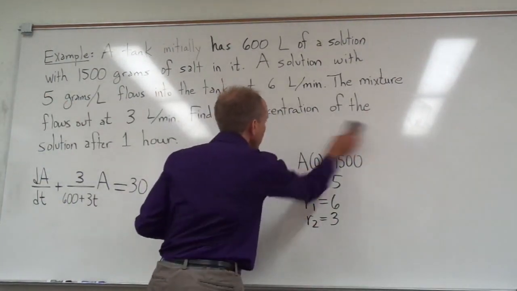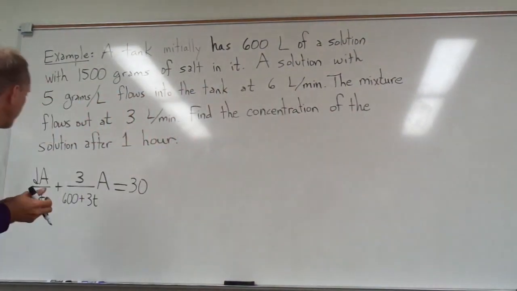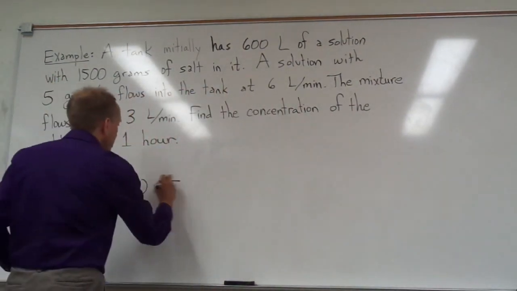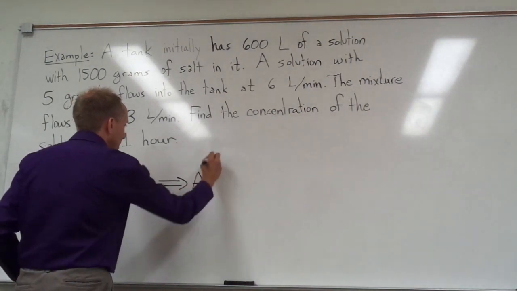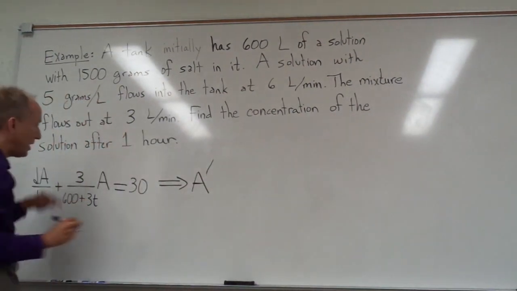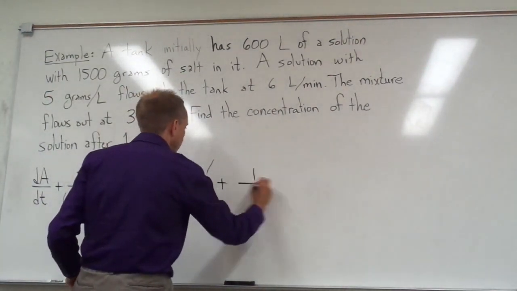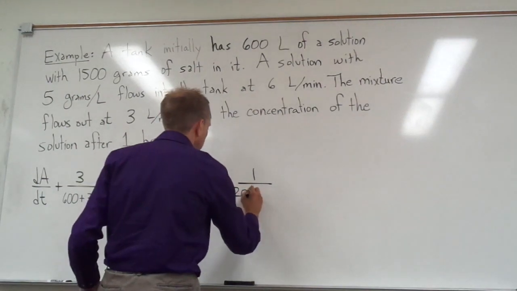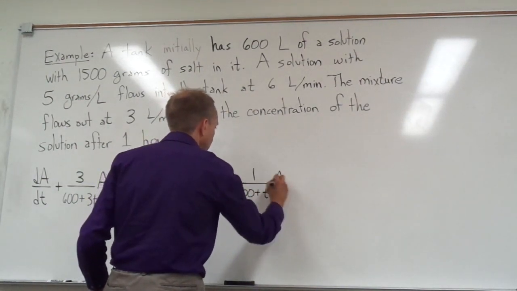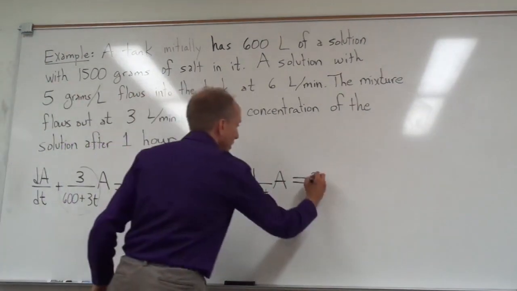Okay? I'm going to go ahead and erase these values here for a moment. We'll come back to those things if we need them. The first thing that I can do to make this a little bit easier is I can take out factors of 3 from the top and from the bottom. So if I just divide everything through by 3 in this fraction right here, everything else stays the same.